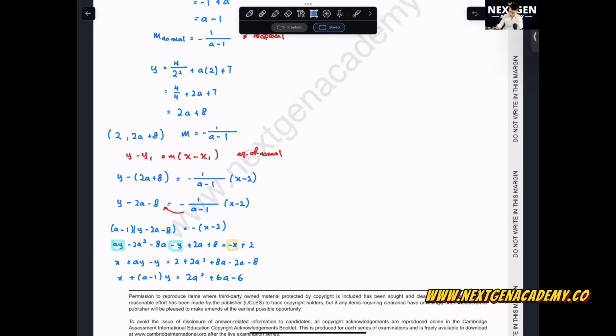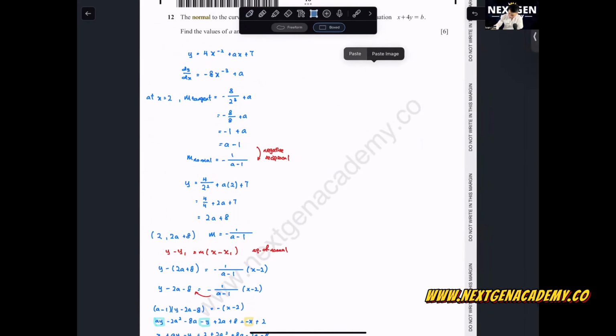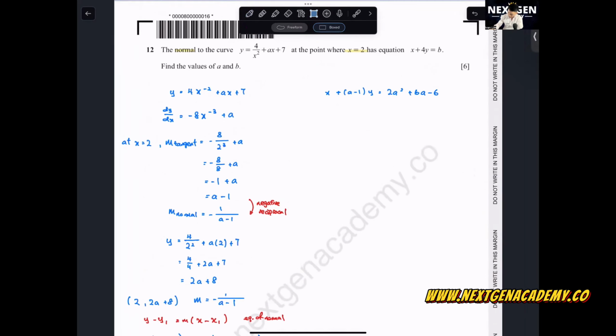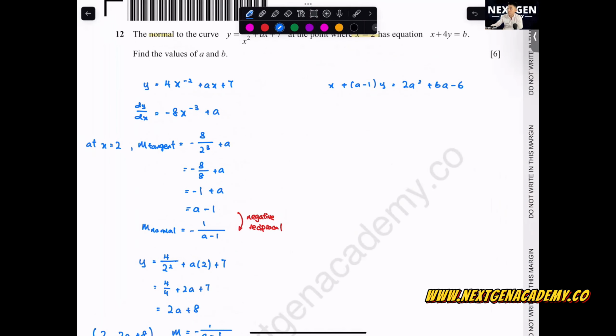So I got this form already. Now I want to compare it with x plus 4y equals b, which is what is given in the question. For the y, we have a minus 1 equals 4, so a equals 5.